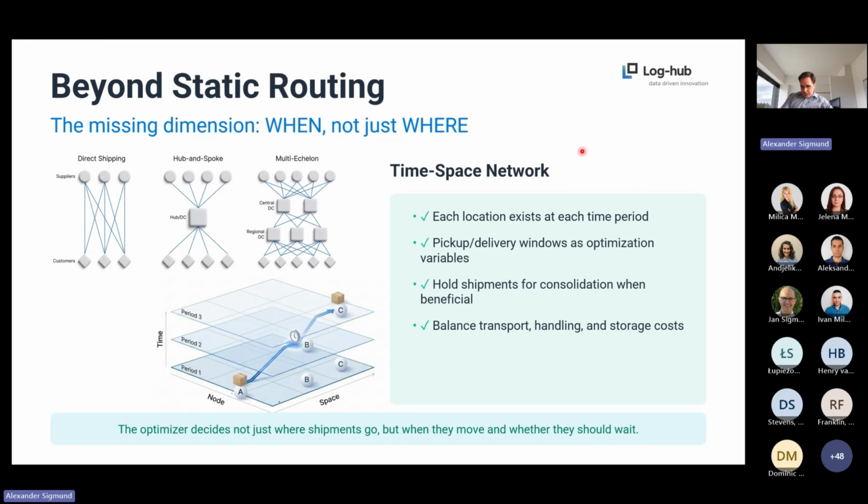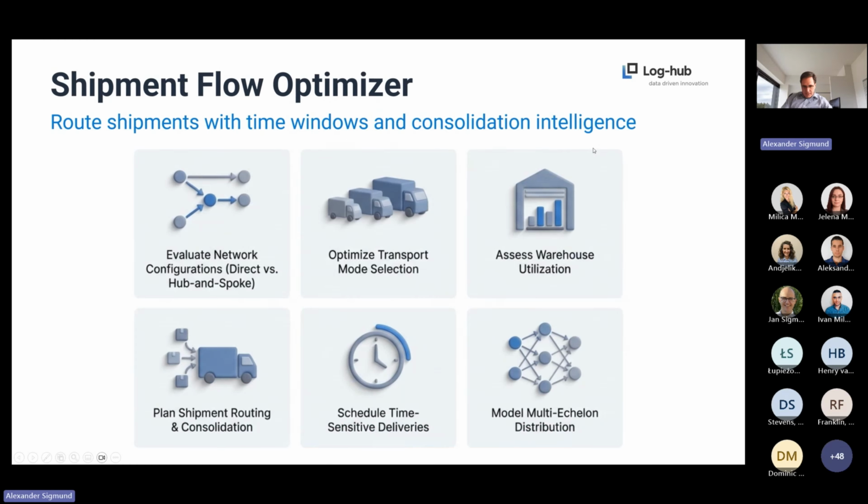Now, let's quickly take a look at which kind of decisions this application makes. Therefore, let me go to the next slide. What I will also show you later on, give me 1 second to get the pointer back. We will make the decision in our example: does it make more sense to go directly from the supplier to a factory, or does it make more sense to go via a hub?